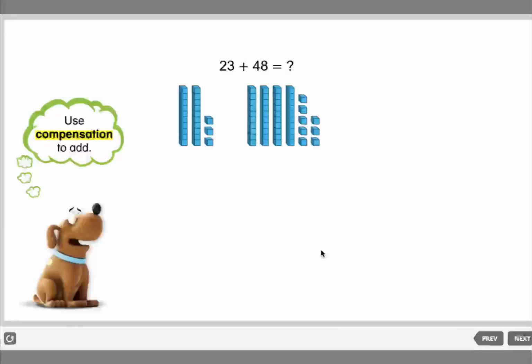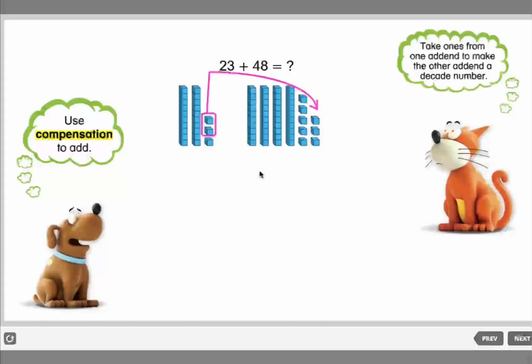So, we use compensation to add, and we will take ones from one of the addends to make the other addend a decade number. Do you remember decade numbers? Which is easier to make a decade number, the 23 or the 48?